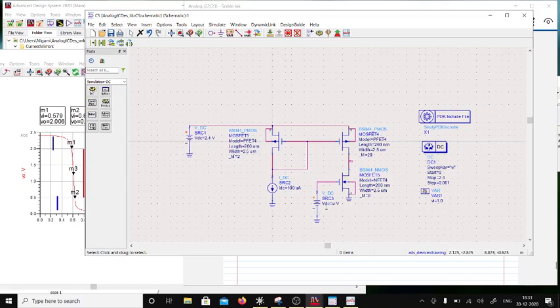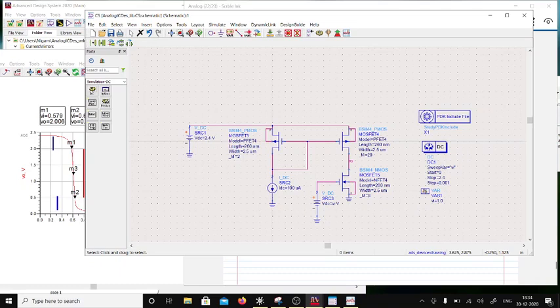So if the input is 1 volt, the output is going to be the gain. You need an AC simulator to do that, because a non-linear simulator will not cross 2.4 volts. So it linearizes the components around their bias points and then simulates.